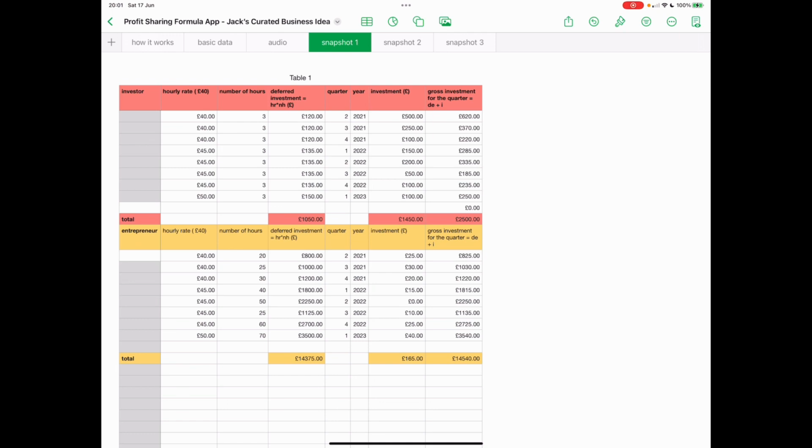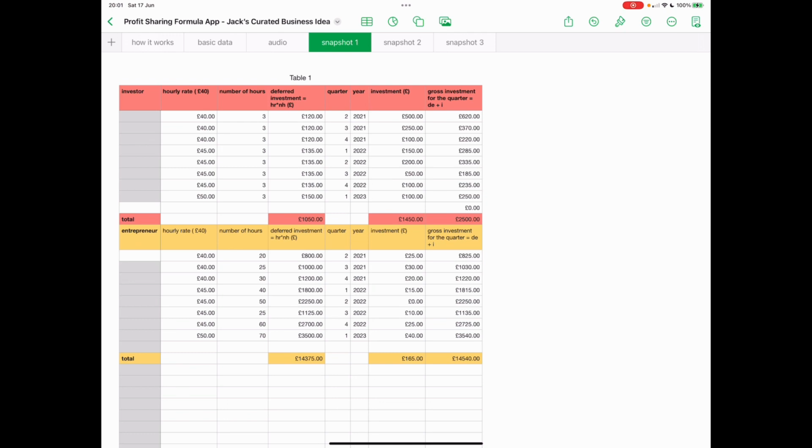So for quarter 1 in 2023, the investor spends 3 hours, and the hourly rate is £50. So the total deferred investment is £150. Now you can do the computations for the entrepreneur as well.